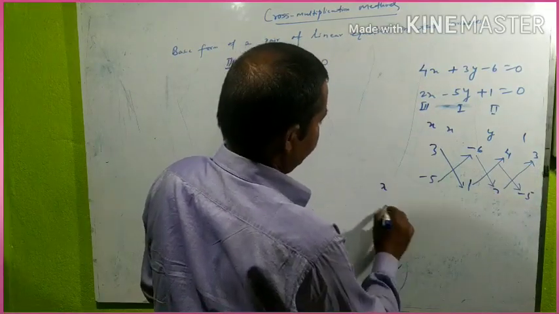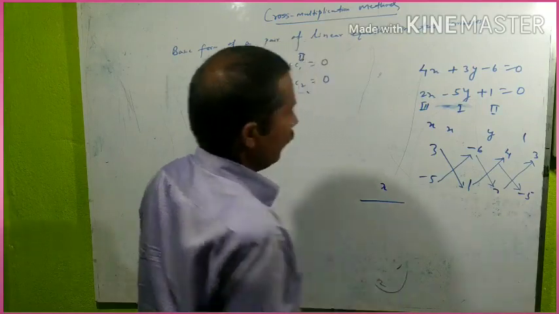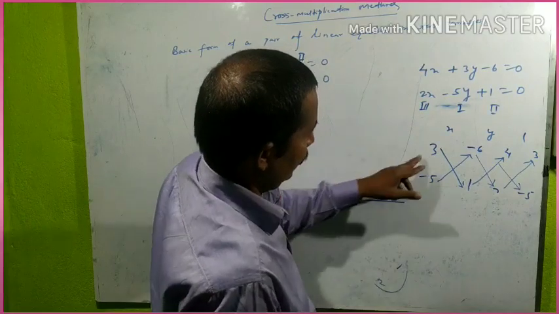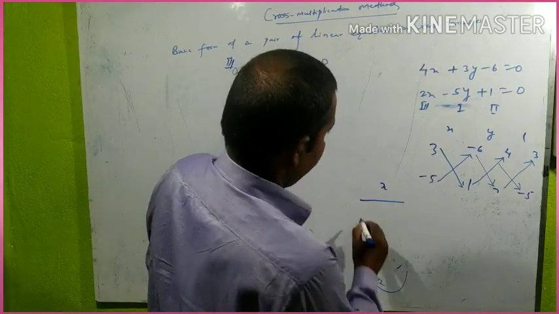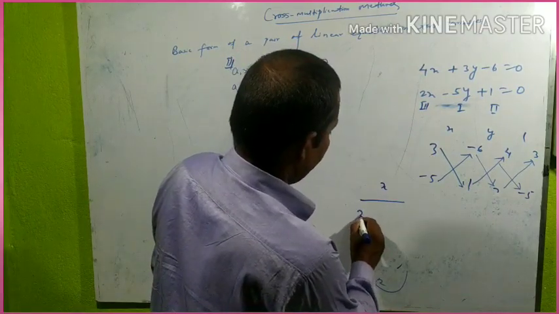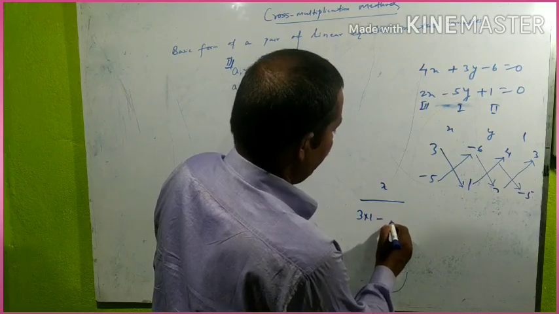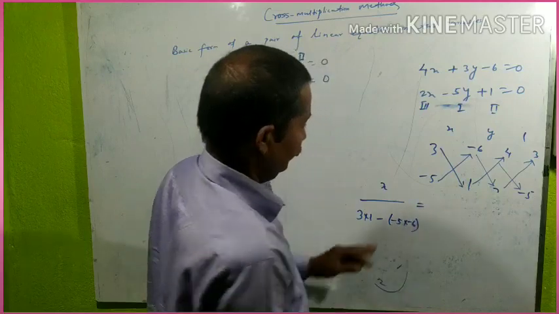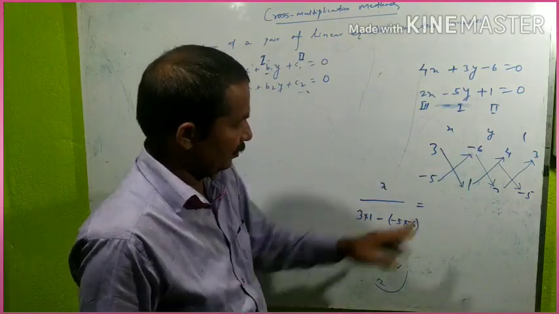X by 3 into 1 minus 5 into minus 6, like that. 3 into 1 minus 5 into minus 6.